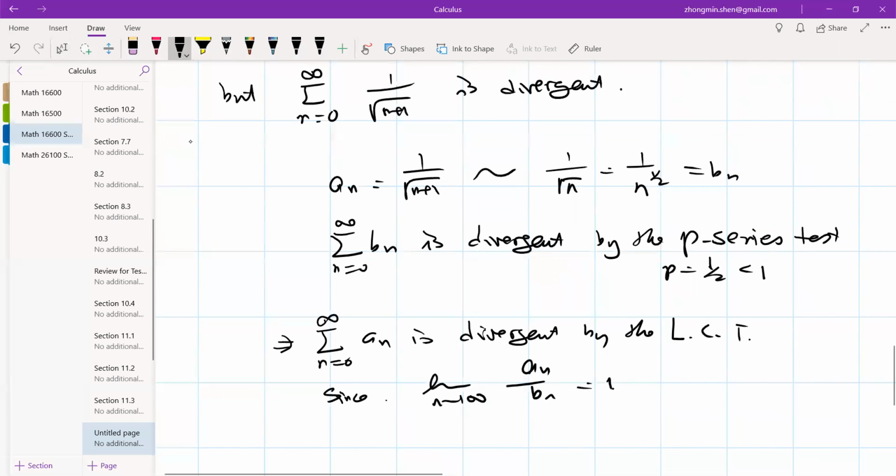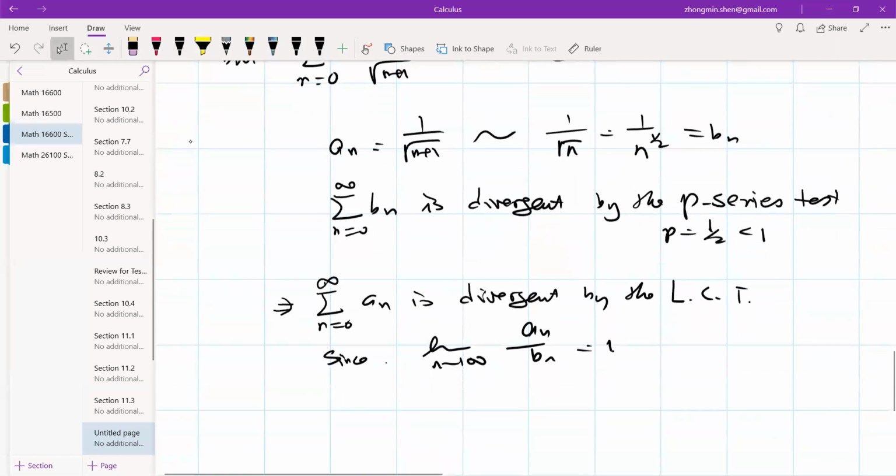So the argument is complete, and you will get 4 credits if you can show all the details, not just claim it's divergent. You have to explain why. We give credit not to the answer but to the solution. Solution consists of the arguments and the answer. There's a big difference between solution and answer.